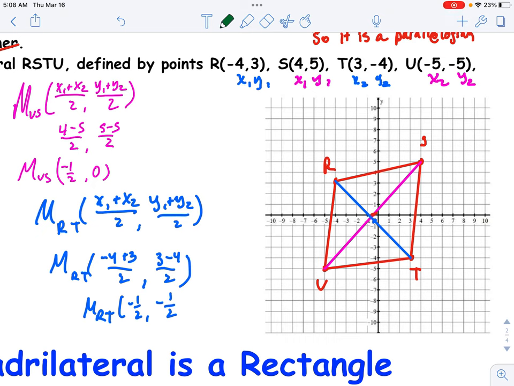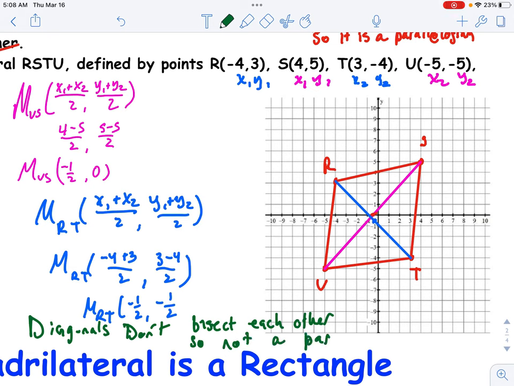Diagonals don't bisect each other, so not a parallelogram. So sad.